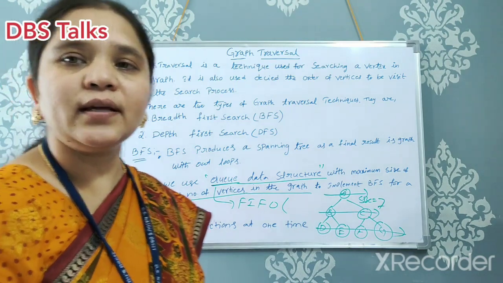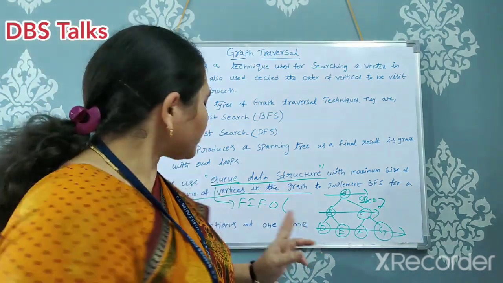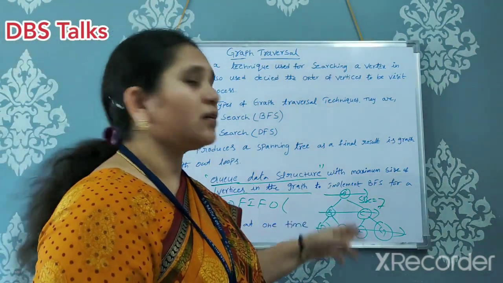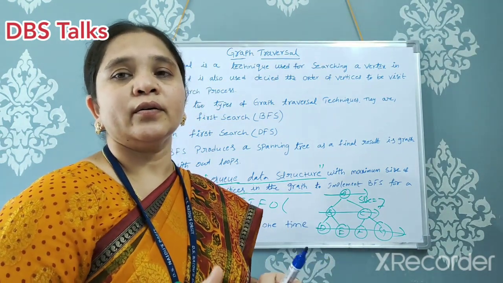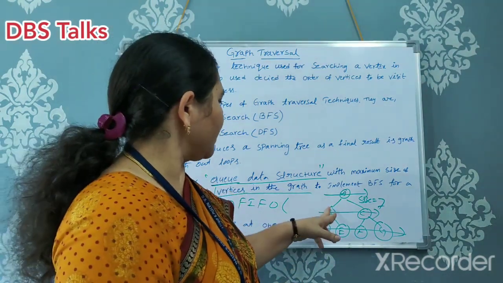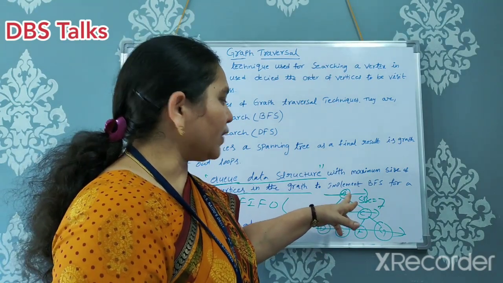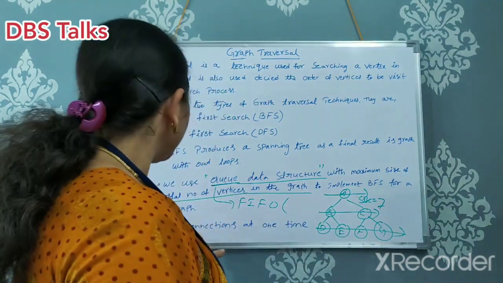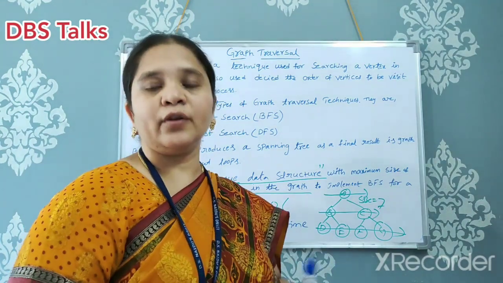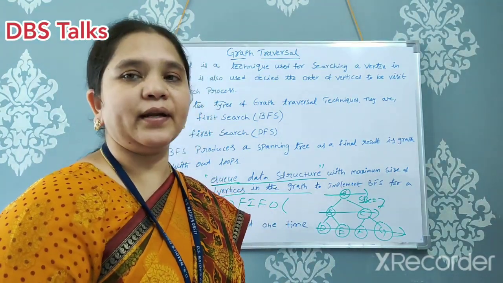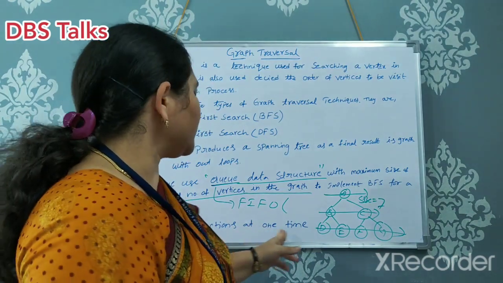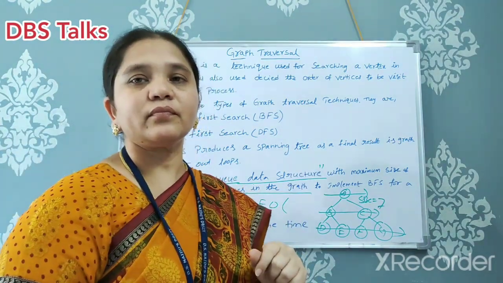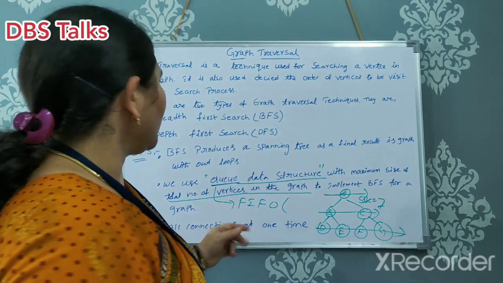All connections means all the adjacent or closed nodes of a particular vertex. We need to enqueue and print them. This is all connections at one time. That is the main important point.